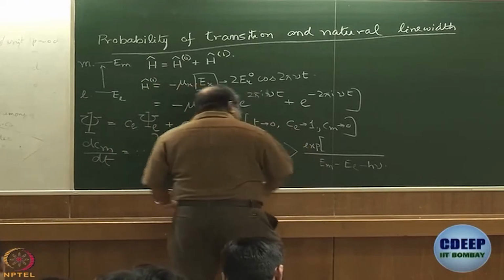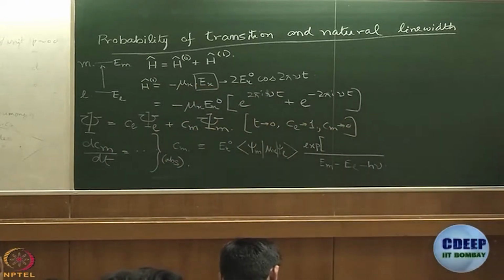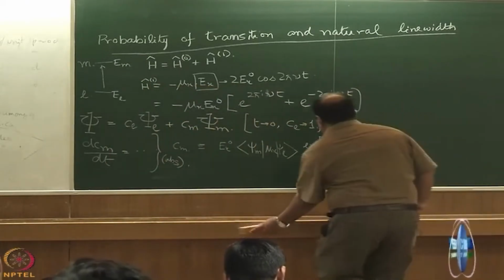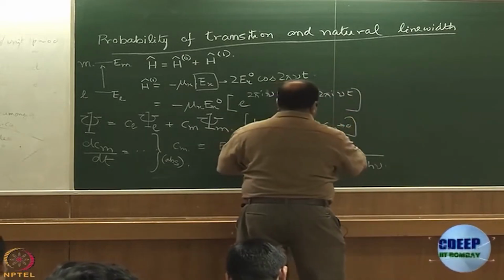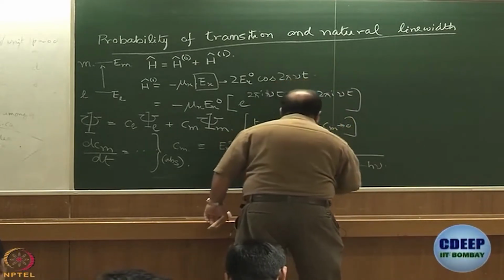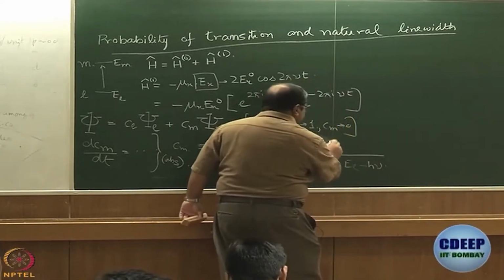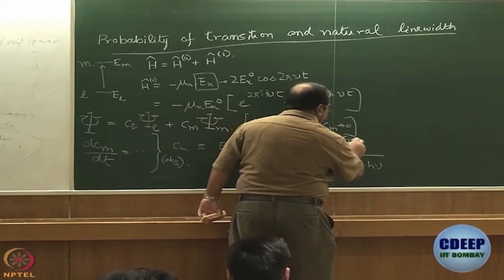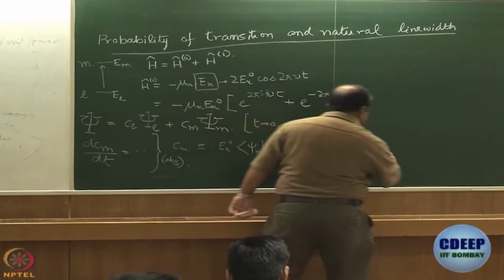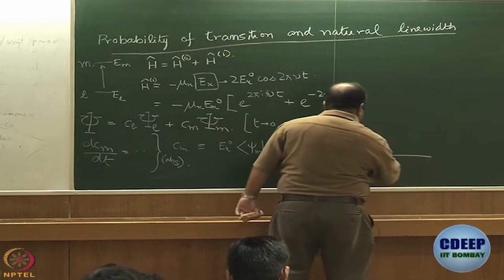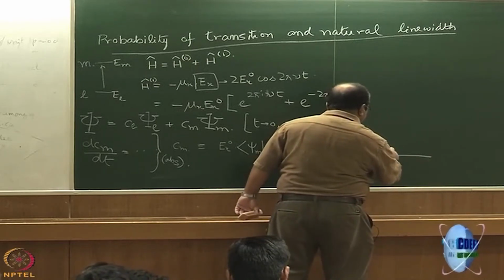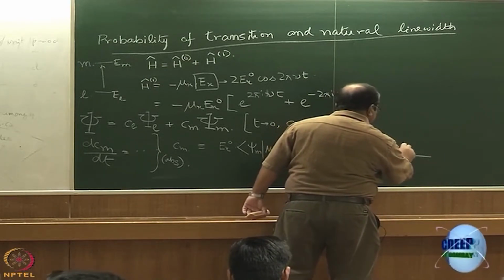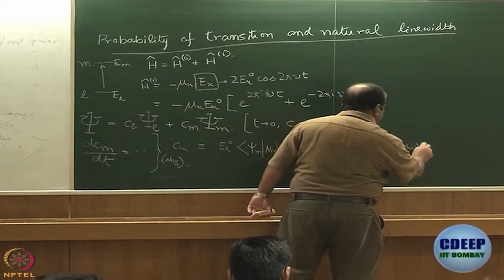I keep forgetting that 1. One minus exponential of 2 pi i by h into Em minus El minus h nu into t.